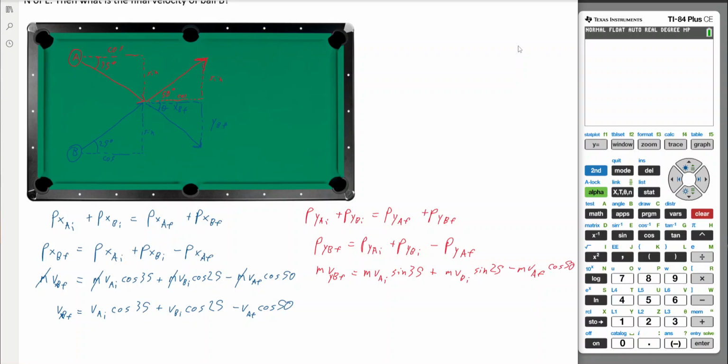Now you're going to see here that the m's cancel everywhere. If you divide by m, it disappears everywhere. So VYBF equals VAI sine 35 plus VBI sine 25 minus VAF cos 50.